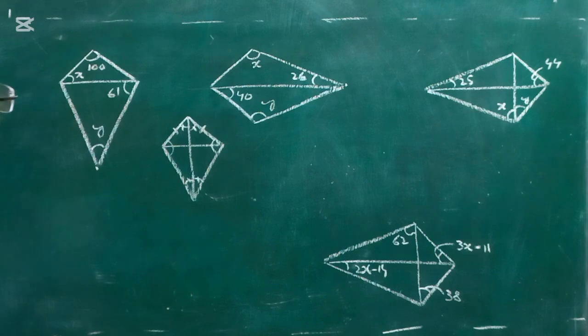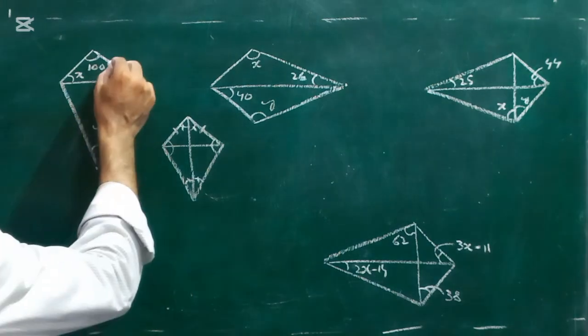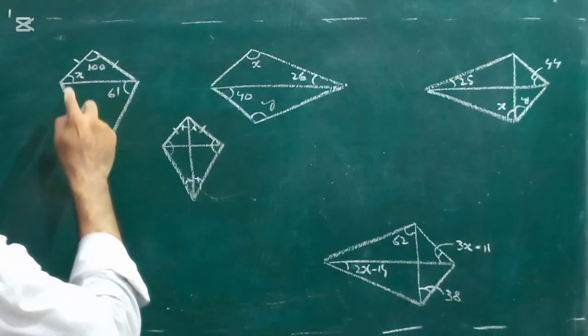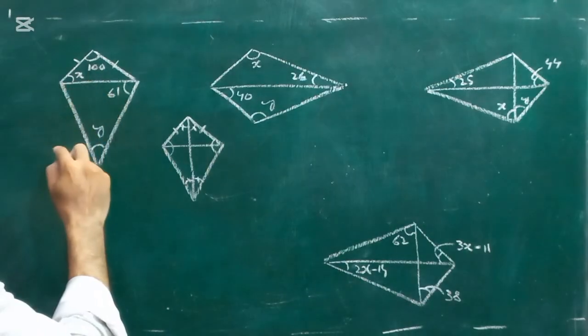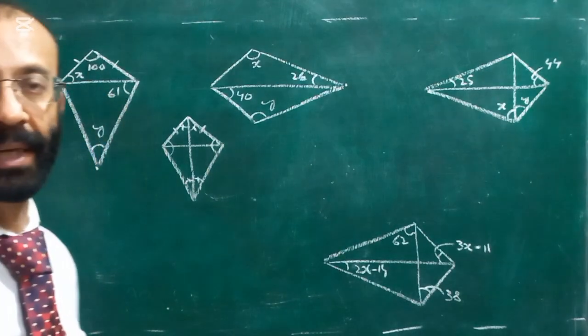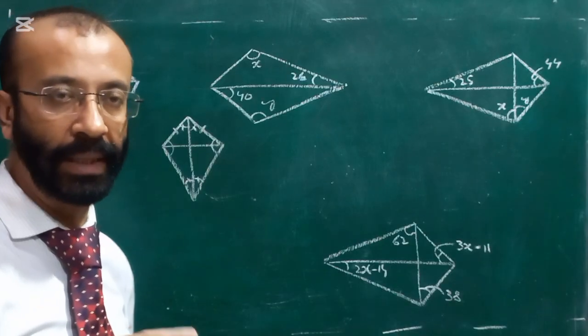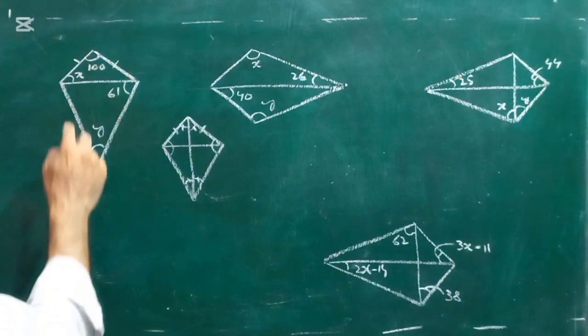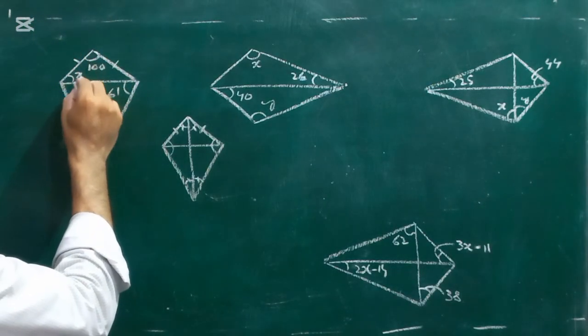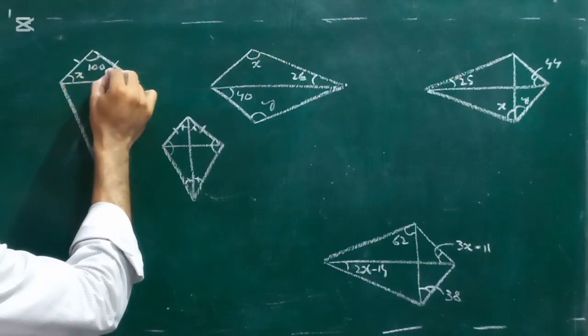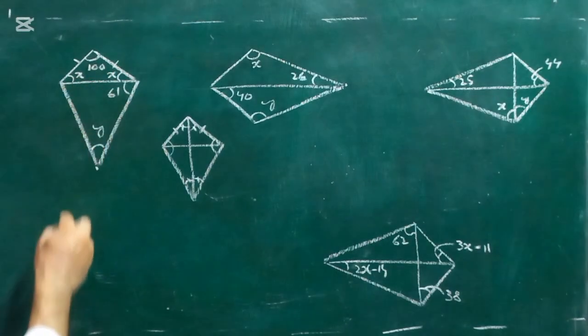So again, this statement is find the values of the unknown. Because these two sides are equal, this is an isosceles triangle. An isosceles triangle is a triangle in which two sides are equal and their base angles are equal. So this angle is x, and this will also be x because of the base angles.